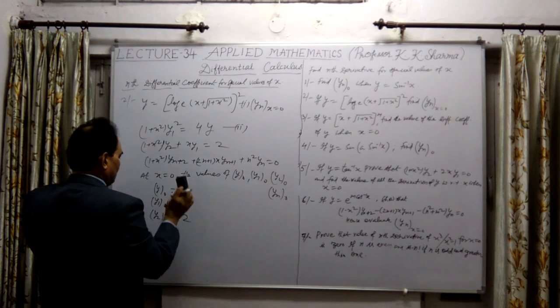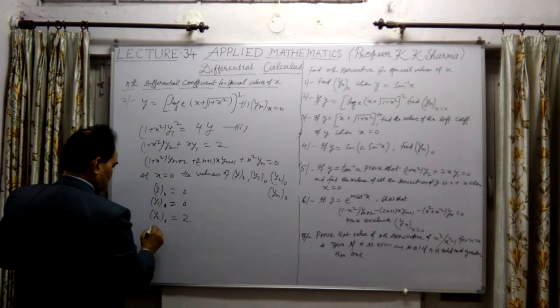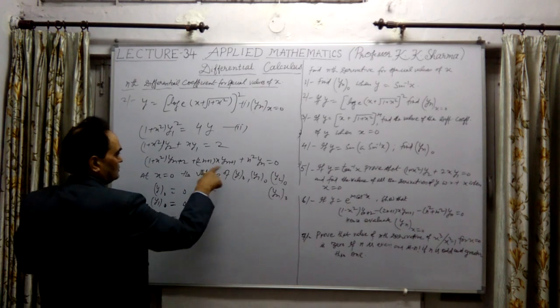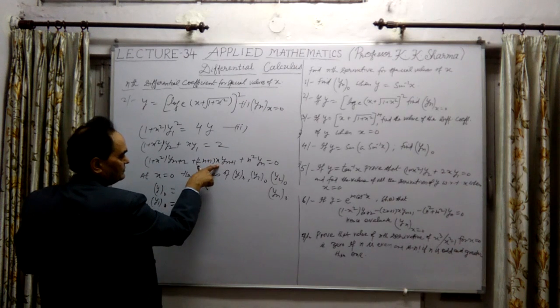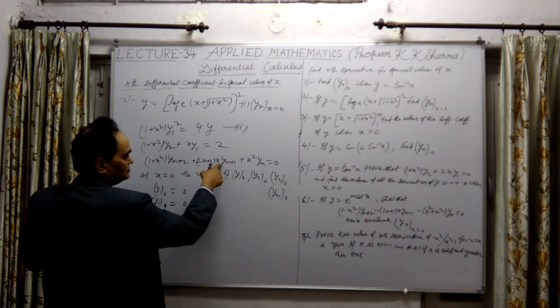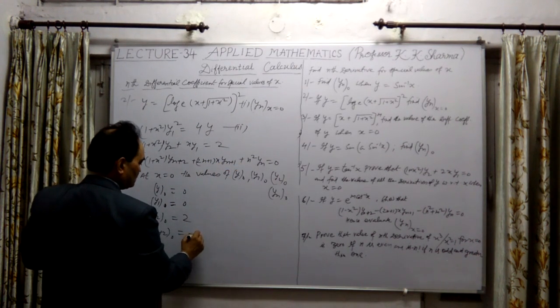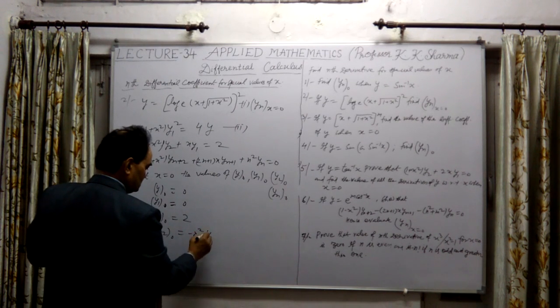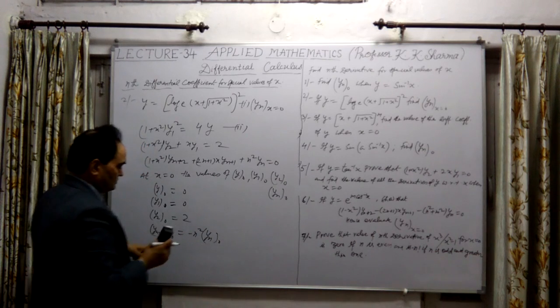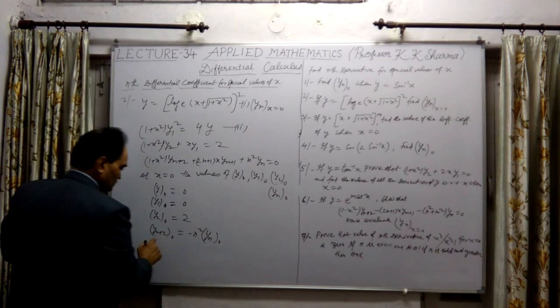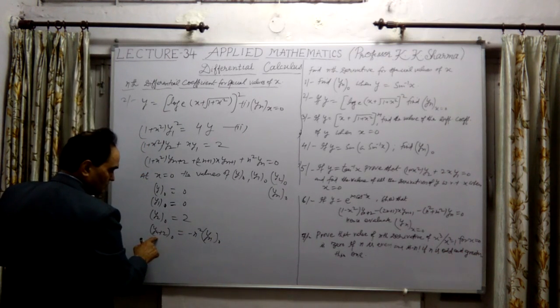Now what is y(n plus 2)? We have y(n plus 2) at x equal to 0 equal to, this term is 0 because x is 0, so only this remains: minus n square into yn. It's actually 0, but we have to find out this yn. So substitute n equal to n minus 2.